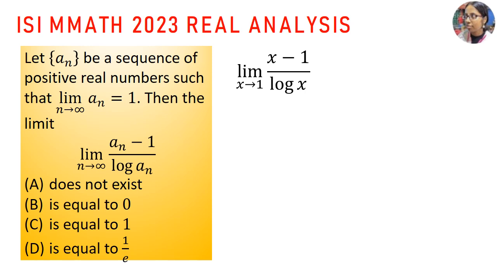We have to calculate this limit first, and clearly this is of the form 0 upon 0, because if f(x) equals x minus 1, then f(1) equals 0, and g(x) equals log of x, then g(1) is also 0. So it is of the form 0 upon 0, and clearly f and g are both differentiable functions.